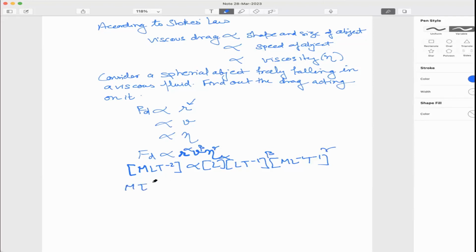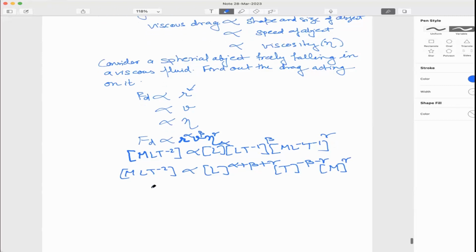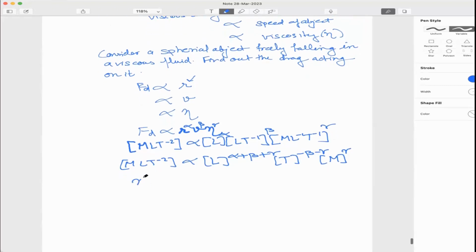So M L T minus 2 equals L to the power alpha plus beta plus gamma, T to the power minus beta minus gamma, and M to the power gamma. From here, gamma comes out to be 1.